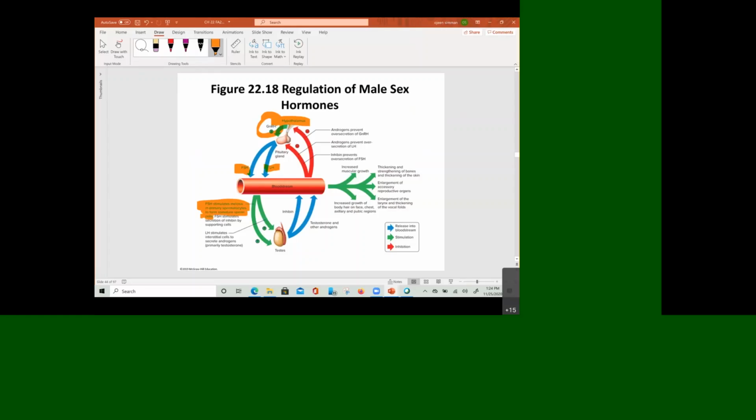In addition, FSH also stimulates secretion of the inhibin hormone that we talked about from the supporting cells. LH will act on the interstitial cells and tells them to secrete testosterone. Then this whole thing is negatively inhibited by the hormone inhibin and testosterone.